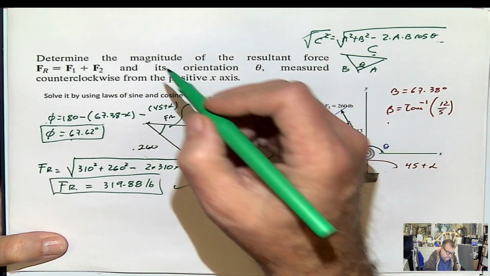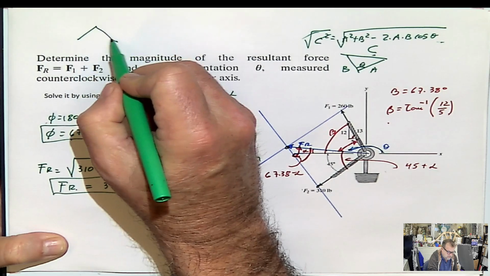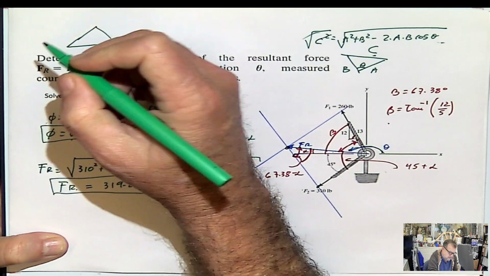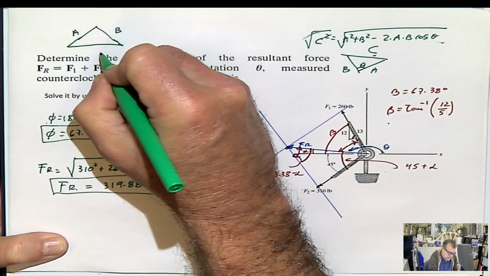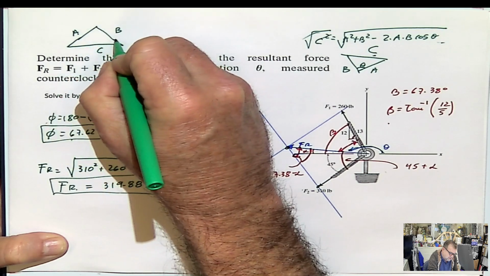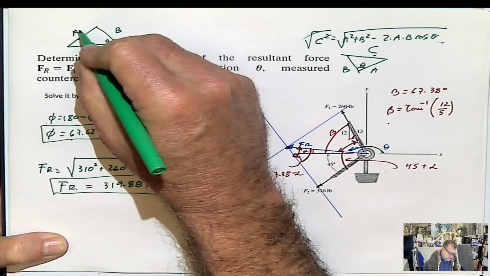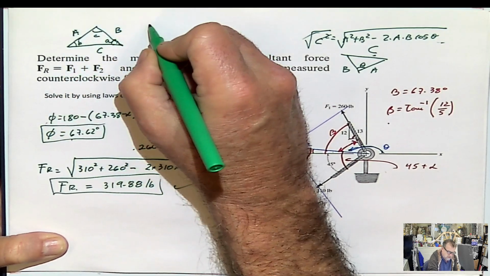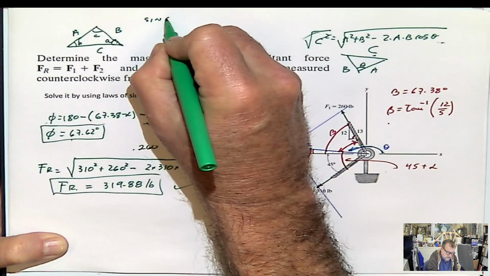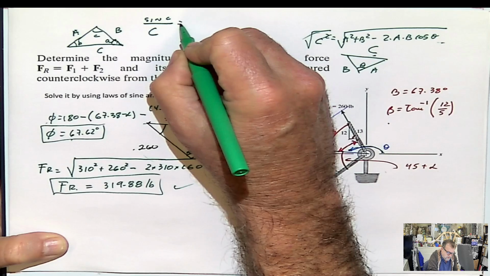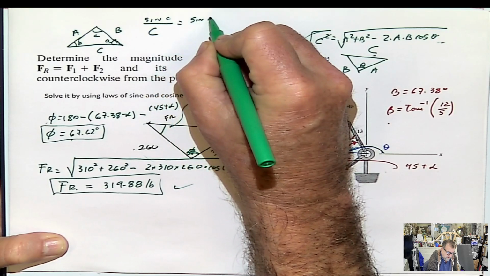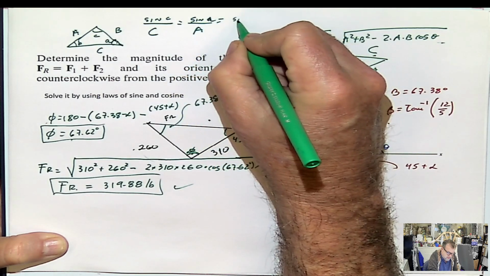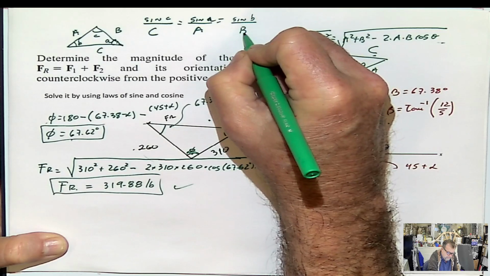And the law of sines, basically what it says is, if you have a triangle, any type of triangle, and you say this side is A, this side is B, and this side is C, and you call the opposite angles A, B, and C, you can say that the sine of C divided by big C has to be equal to the sine of A divided by big A, and it has to be equal to the sine of B divided by B.